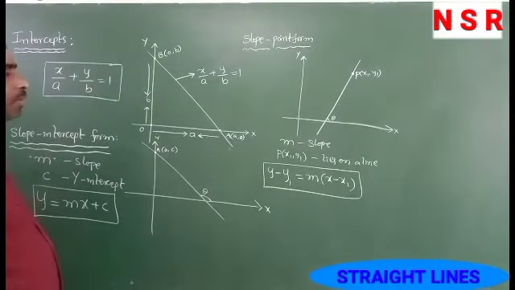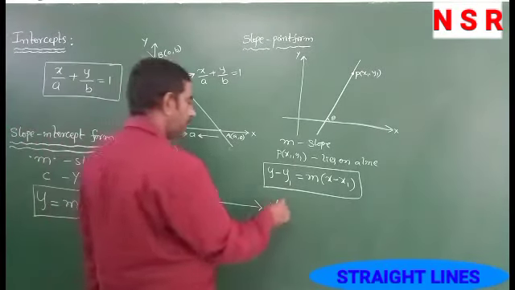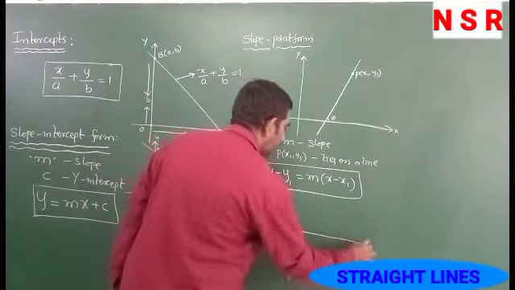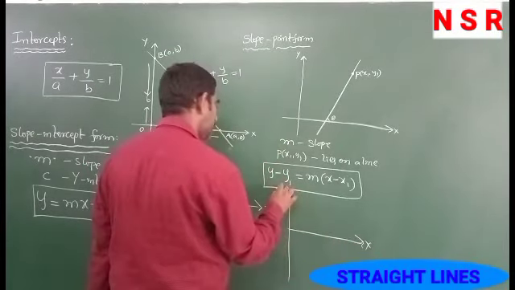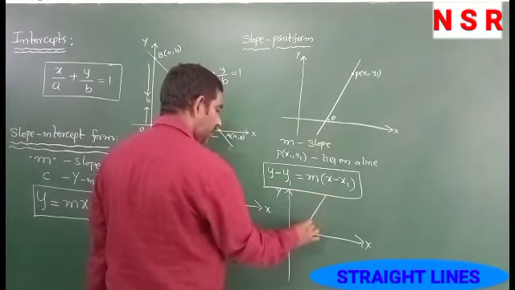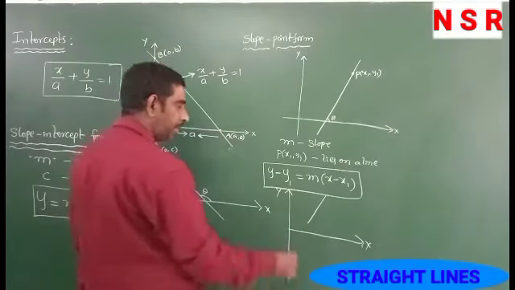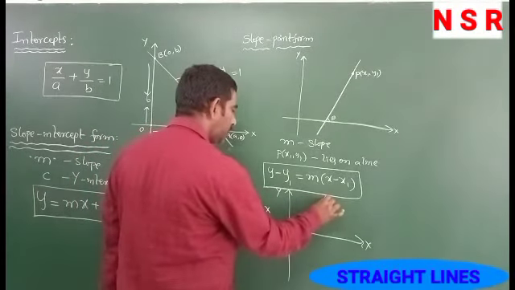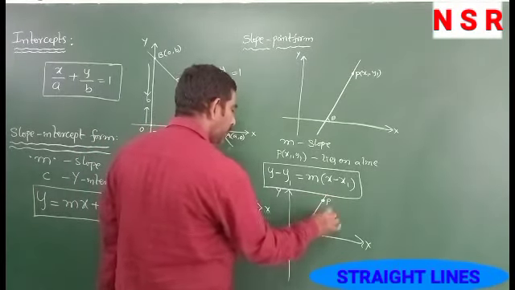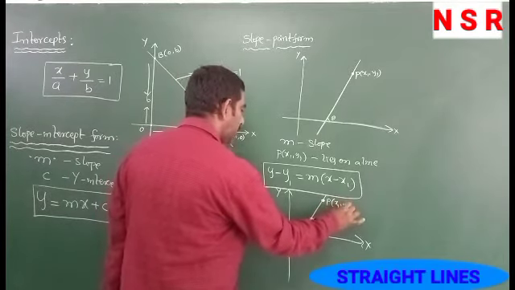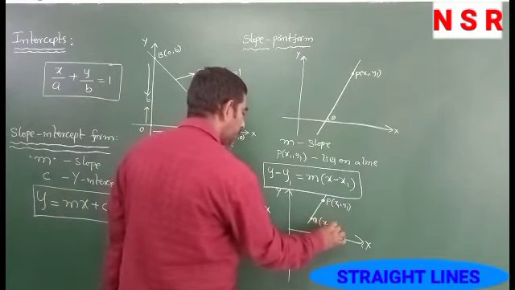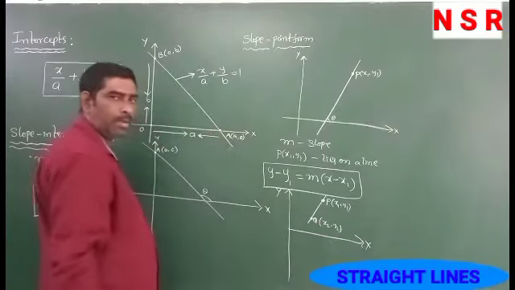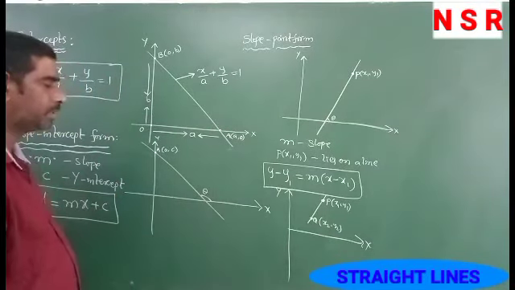Next we have the two-point form. Suppose this is the x and y axis. A line cannot make any angle with the x axis, it is just passing through two points P and Q: P (x1, y1) and Q (x2, y2).